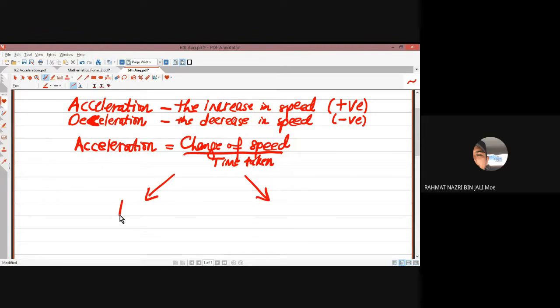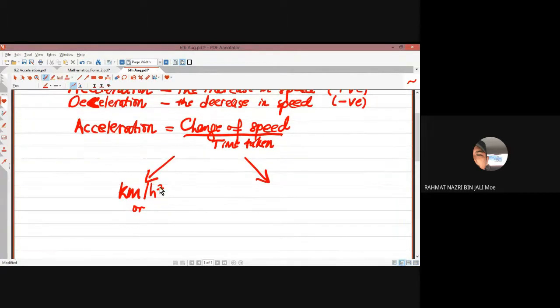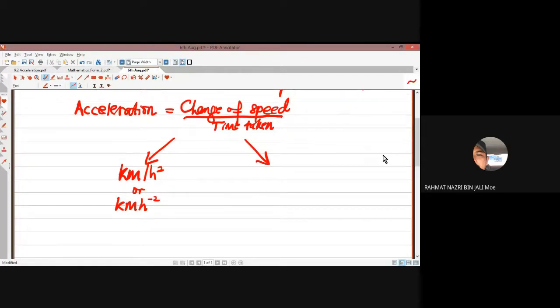The first one is the familiar unit, kilometer per hour, or we can write km h negative 2, we have a kilometer, small letter k, per hour.